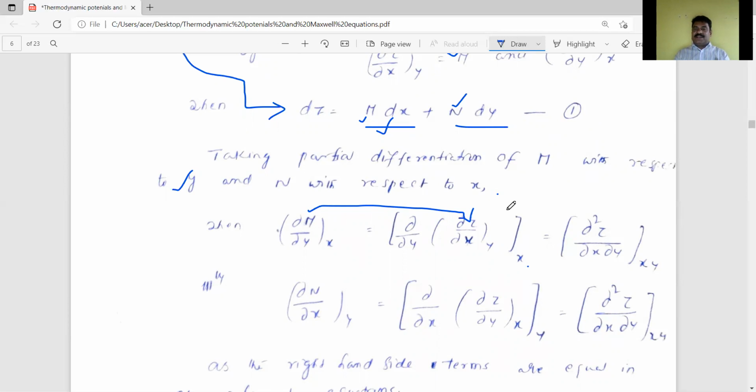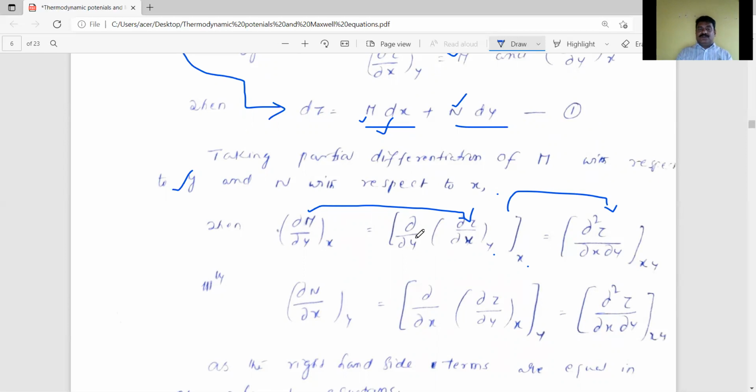So, this can be written as ∂/∂y of ∂z/∂x. That is why we can write ∂²z/∂x∂y, and we have at y and at x, that is why we can write xy.